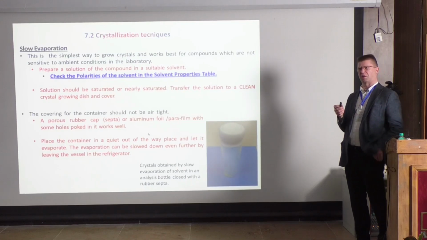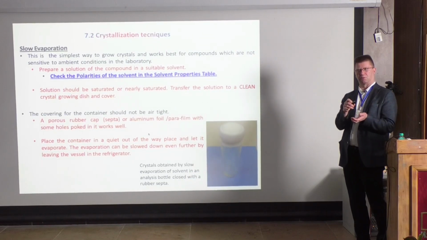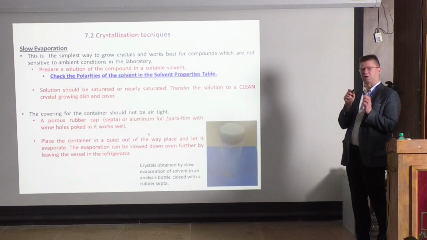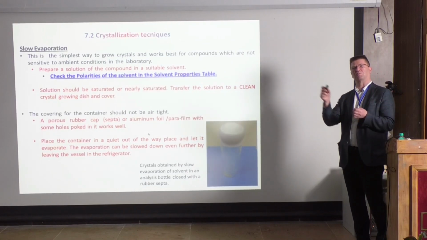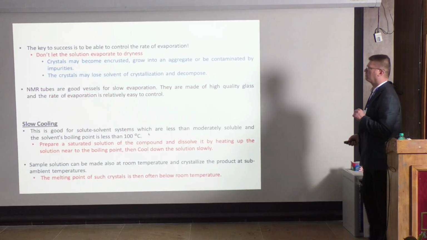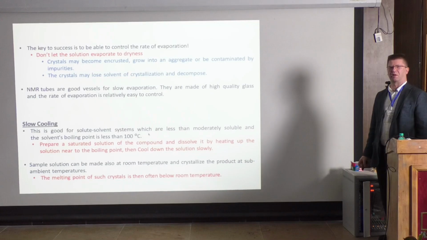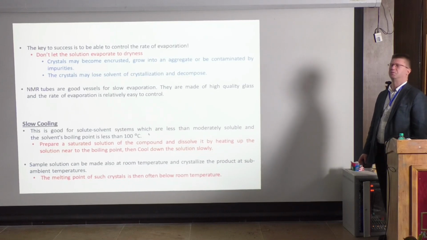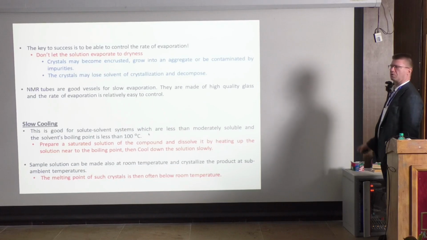But if this happens, then you know, okay, my crystals are very sensitive, I will keep them in solution. There are techniques for how to pick up a crystal from solution and put it in the diffractometer. So now, the key to success is to control the rate of the evaporation. If it's too fast, that's a problem, and don't let it go to dryness.